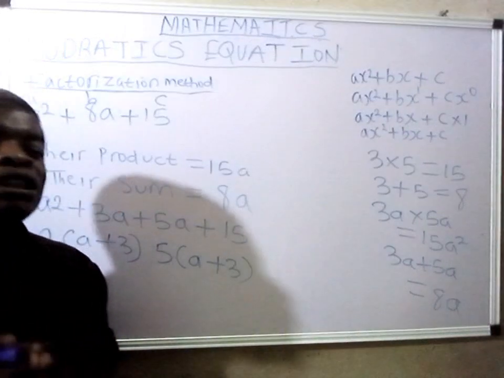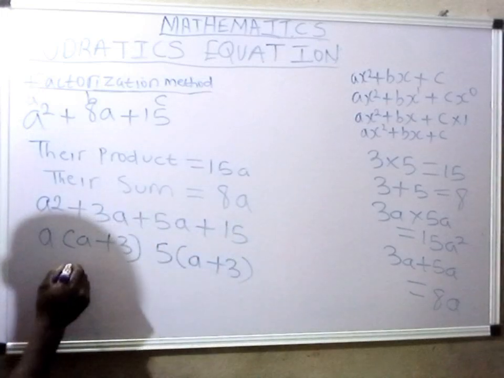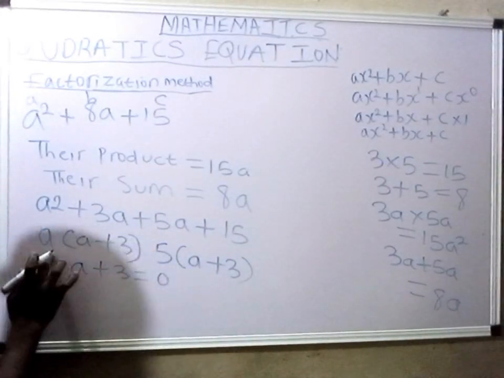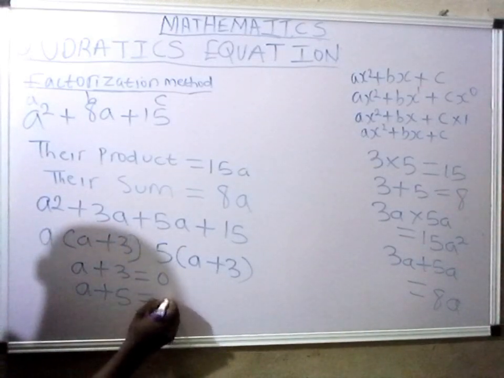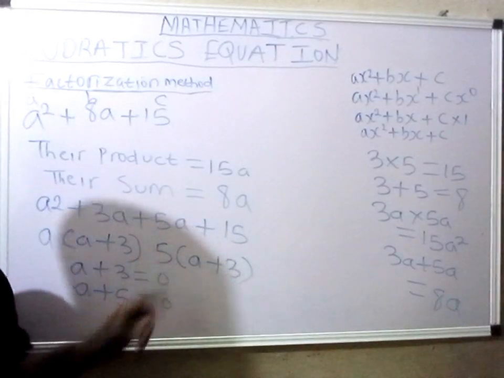The next step we take is to equate it to 0 by saying a plus 3 equals 0 and a plus 5 equals 0, because this 5 here has a positive sign.